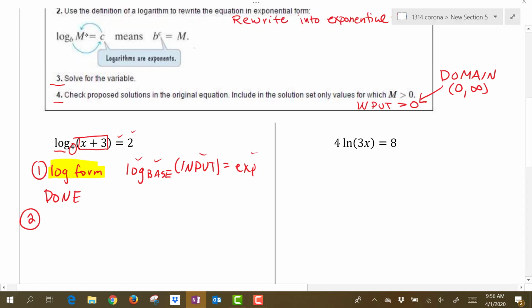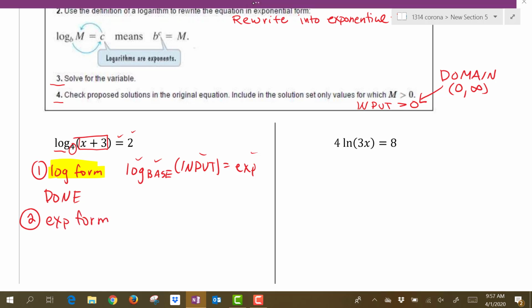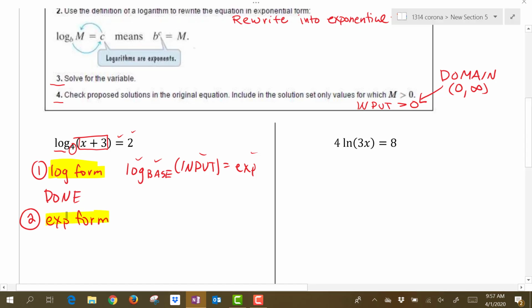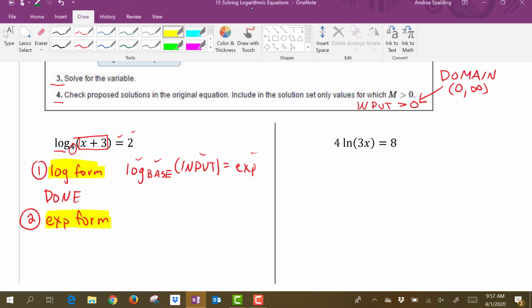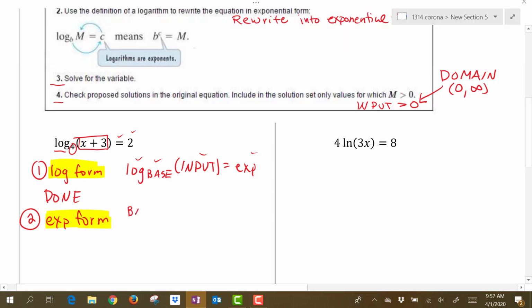Step 2 is exponential form. This is something that we'll actually have to do. We're going to identify what is the base, what is the input of the log, and what is the exponent. The base of the log is 4.